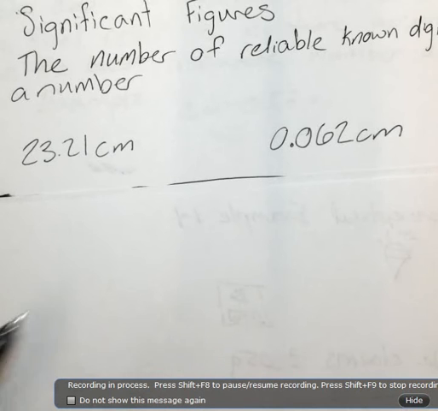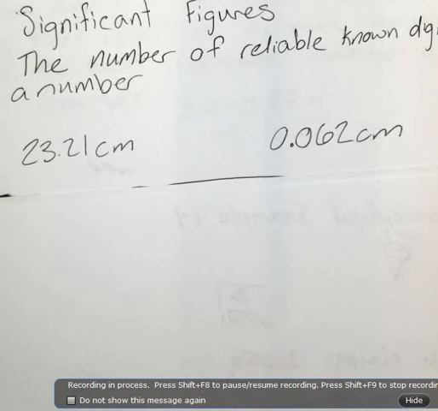So we could consider in the laboratory that this 23.21 centimeters is accurate plus or minus 0.01 or 0.02 in the hundredths place. And this 0.0062 centimeters is accurate to plus or minus 0.001 or 0.002 for the tool that was measured. That's how those numbers were generated.